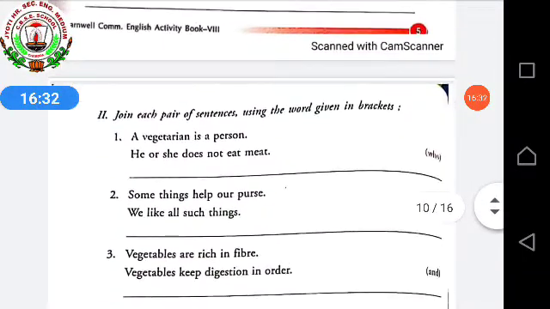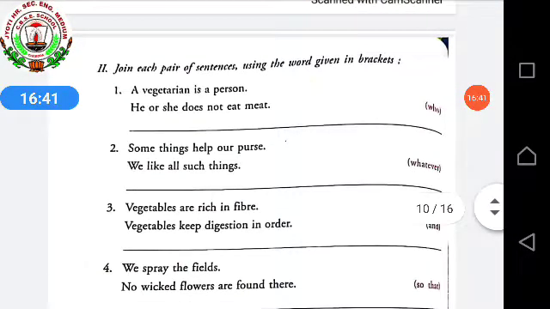Now, second. Join each pair of sentences using the word given in brackets. This we have done many times in class 6th also, many times in class 7th also, and while explaining the activity sheet as well as the grammatical part related to conjunction I told you. Join the pair of sentences. A word is given over here.